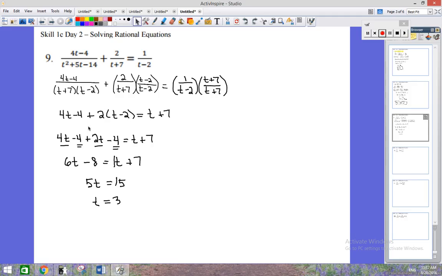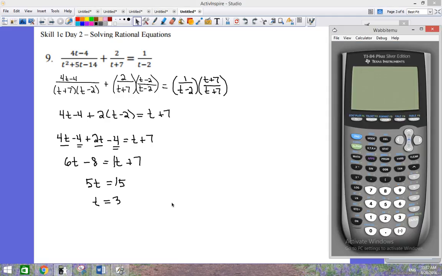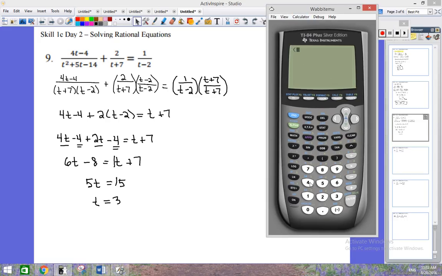Now, let's go ahead and use our calculator. On the left-hand side, we have 2 fractions. On that first fraction, I have multiple terms in the numerator, so I'm going to put parentheses around my numerator. I've got 4 times 3 minus 4.